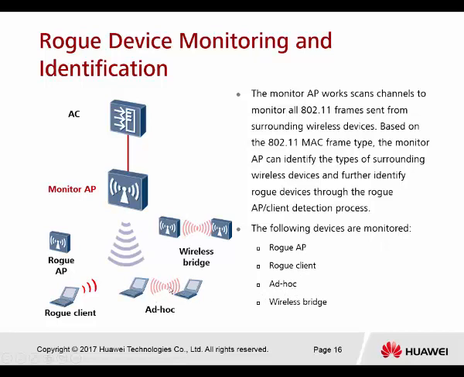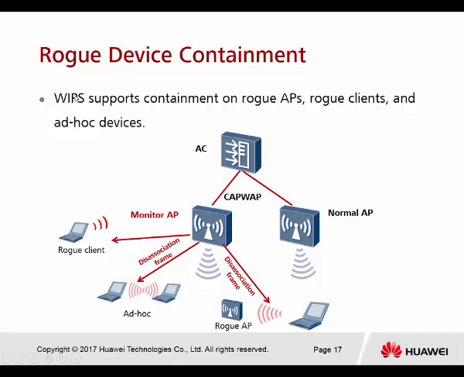The ad hoc is happening with those PCs running, like, infrared, Bluetooth, and point-to-point connections, all of which belong to ad hoc. Also the wireless bridge, when the AP is running WDS. So WIPS supports containment on the rogue AP, the rogue client, and the ad hoc device.